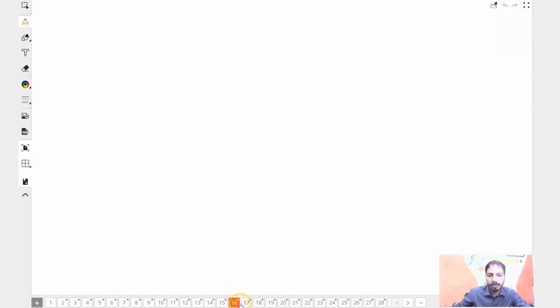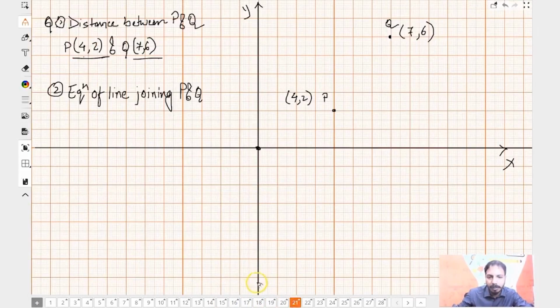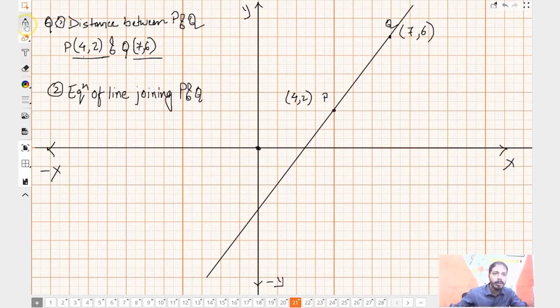This is my minus y-axis and this is my minus x-axis. Now these 2 points are given to you, so there will be a straight line which will be crossing through this, and they're asking what is the distance. First of all, they're asking what is the distance here. That means this distance here.